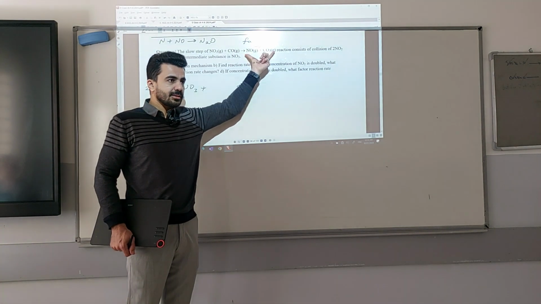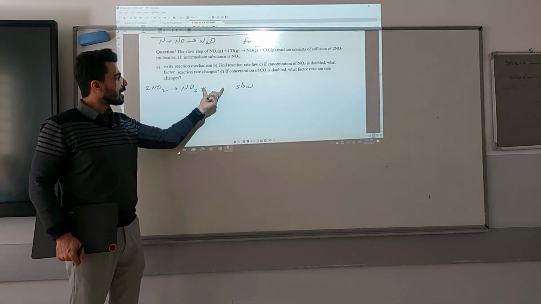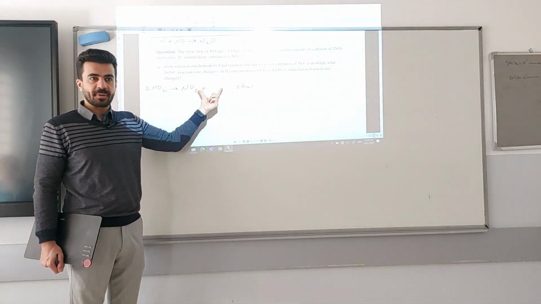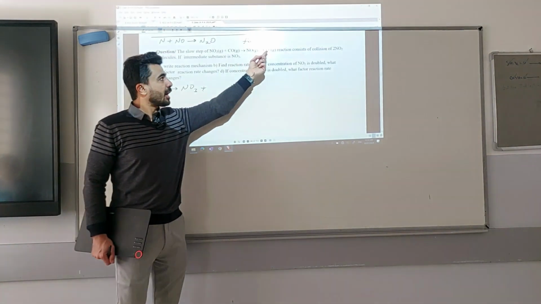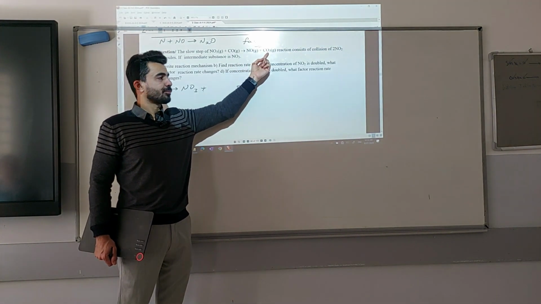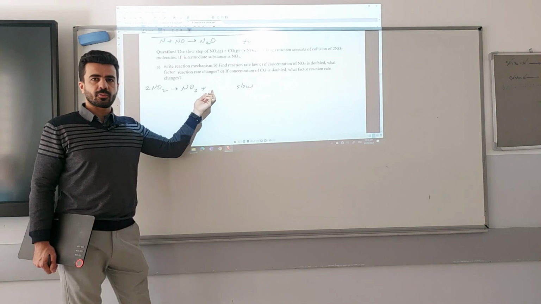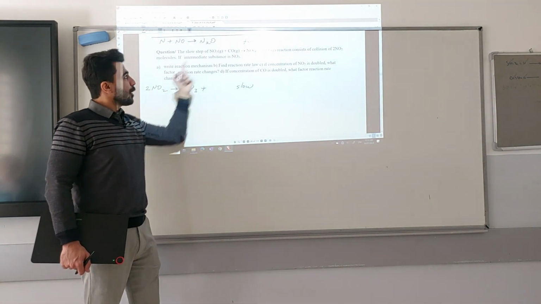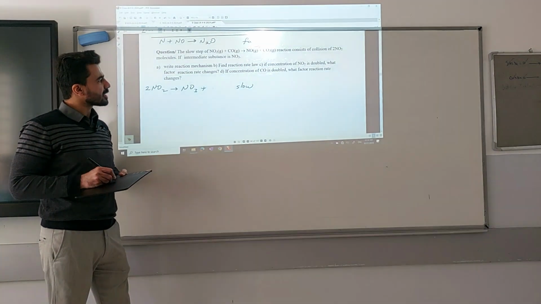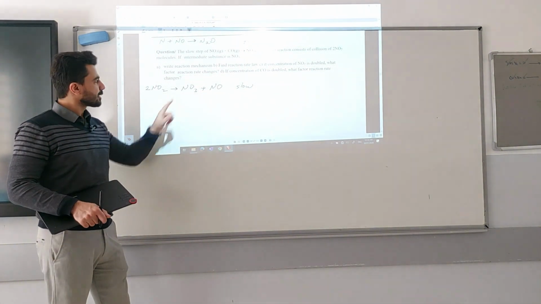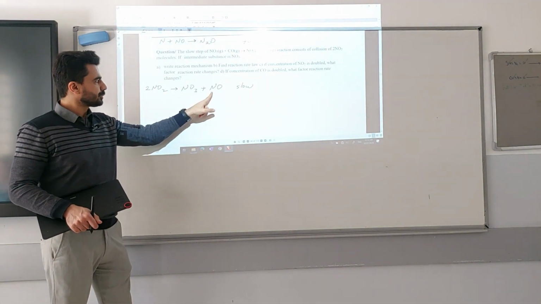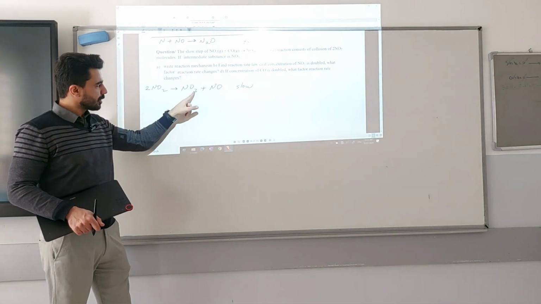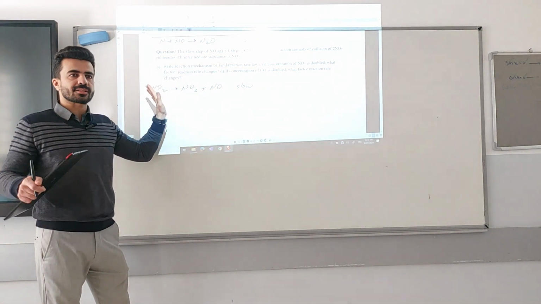One of these must have come from the slow. Do you think the CO2 will come from the slow? No, because there is no carbon here. What about NO? If I write NO, is it balanced? Yes. 2N, 4 oxygen, 3 and 1, 4 oxygen, balanced.